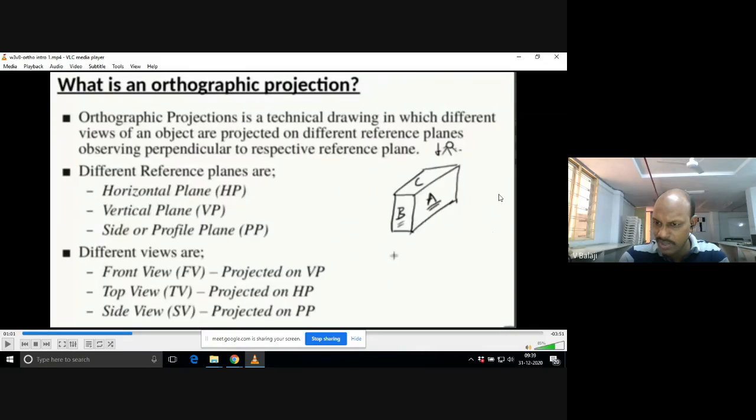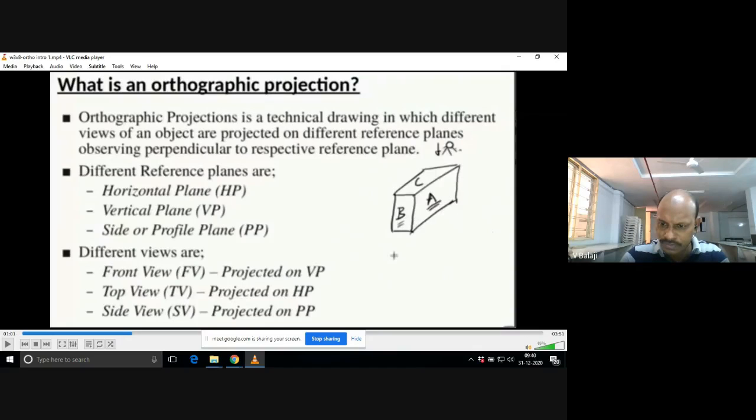Earlier we looked from the front of the object, which is called the front view, falling on the vertical plane. Now we are looking at the object from the top and projecting its image onto the horizontal plane. We call it the top view.